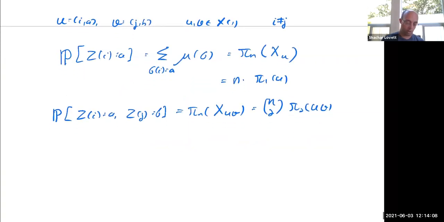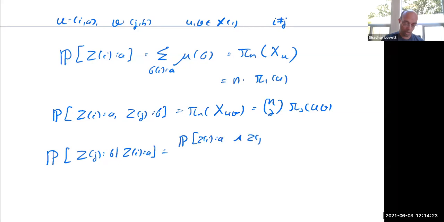So what we cared about is this probability that Z j is b conditioned on Z i is a. This is going to be the probability that Z i is a and Z j is b divided by the probability that Z i is a.